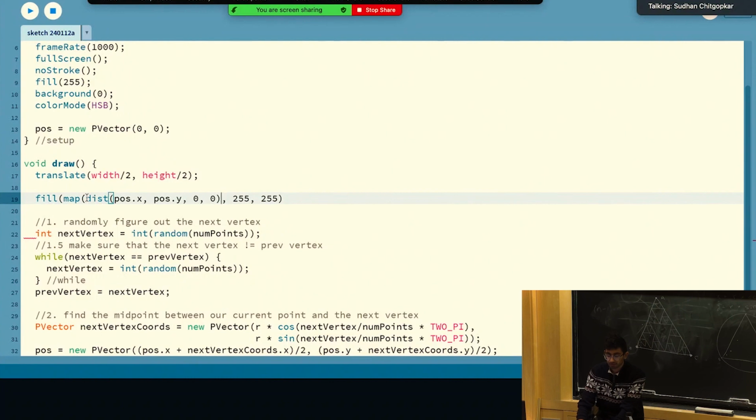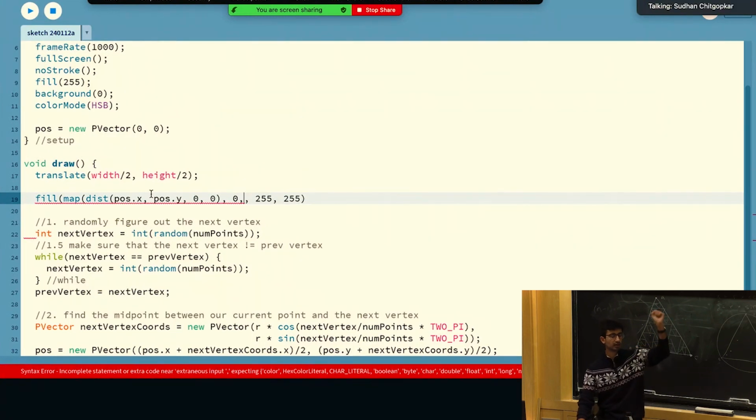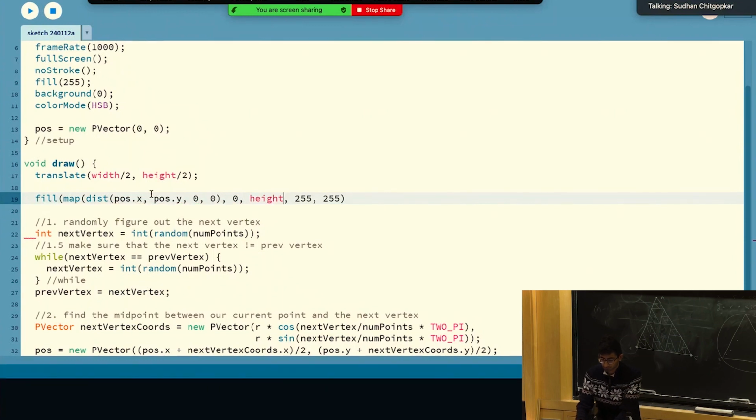So we want to map the distance from 0, the distance is going to be 0 if this point is right at the center, to some pretty big value. We could use the Pythagorean theorem to calculate this really quickly, but I'm not going to. I'm just going to give it the value height.